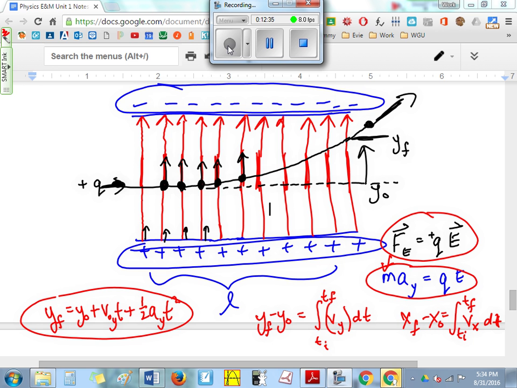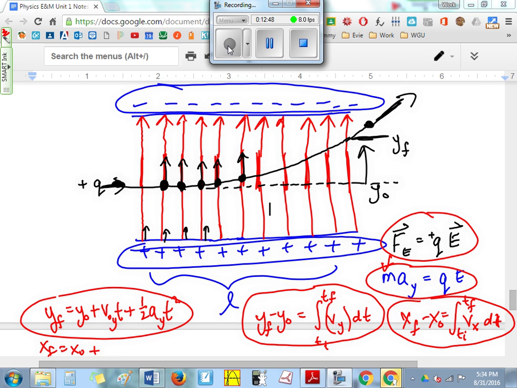So you can think of it this way, or you can think of it the way I wrote it over here. Okay. So anyway, this is kind of a relationship between y's. You can do the same for x. So like x sub final is x initial plus v sub x t plus 1/2 a sub x t squared. But these two equations on the left come from the integrations on the right.